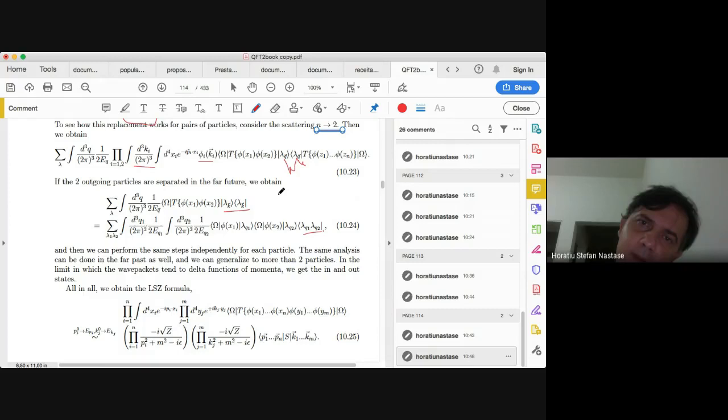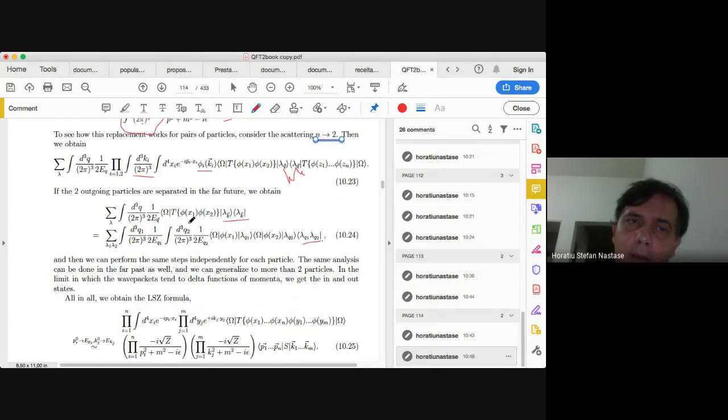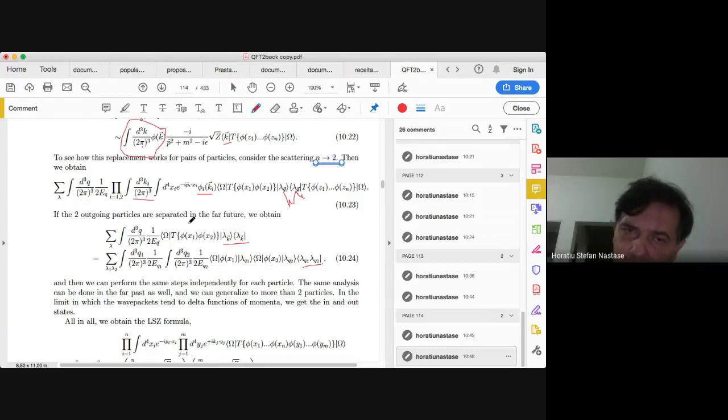Before the wave packets, I did this momentum by momentum. But now I'm saying even with the wave packet, I can still separate. So we still have lambda q1, lambda q2, breaking this matrix element into lambda q1, lambda q2, and then the integration gives the previous case.